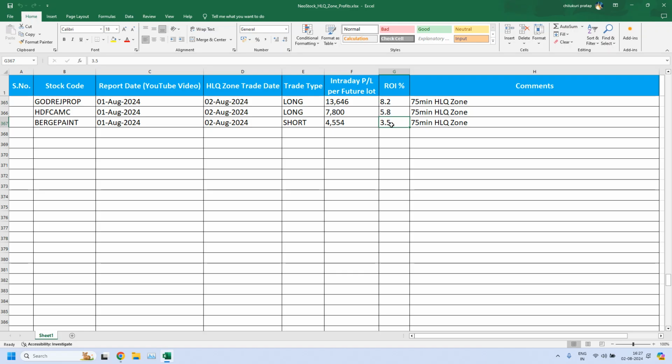Those who are interested in high liquidity zones and Nifty, Bank Nifty related zones have to take the paid subscription, because I am charging only a very nominal amount, only 5,000 rupees per month. Hardly within one trade, worst case scenario within 2 trades, you will get that money back. And whatever money you get from the remaining trades will be profit to you. This is the point everybody should understand.